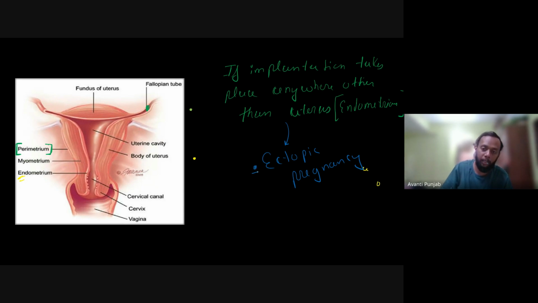So if at all the implantation takes place anywhere else other than the uterus, for example in the fallopian tube, then that is not a good thing. You can call it an ectopic pregnancy. And ectopic pregnancy के साथ problem ये होता है that it can lead to a spontaneous abortion, or what you must have heard as a miscarriage.